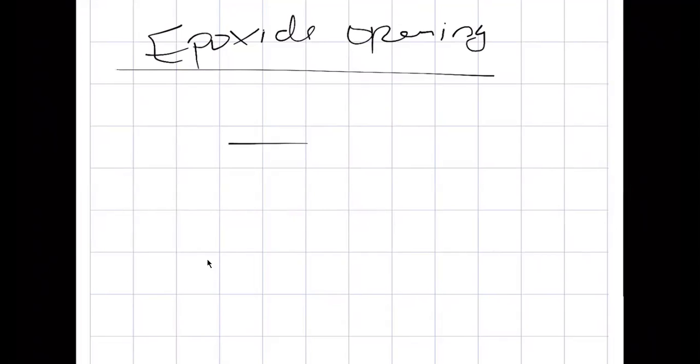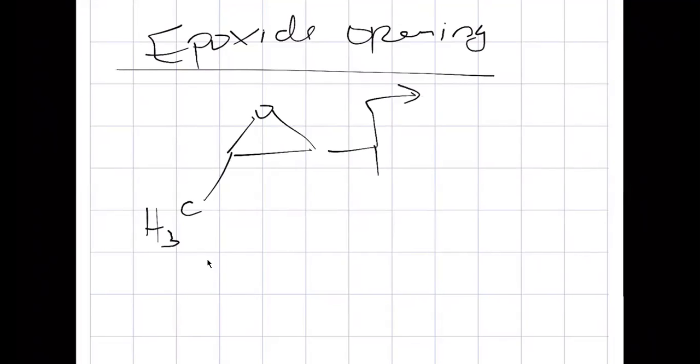So if you have an epoxide, let's do this. So you got an epoxide like that. If you treat it under neutral conditions, it's going to open at the least substituted site.